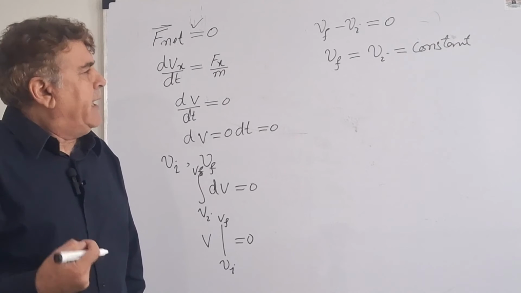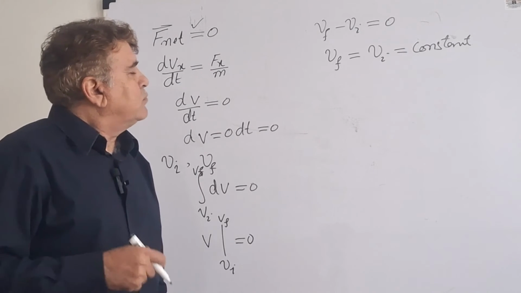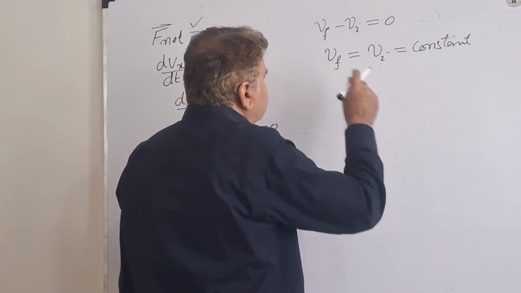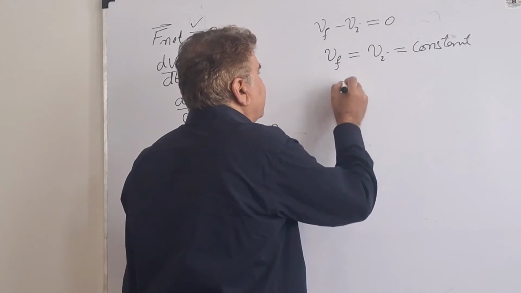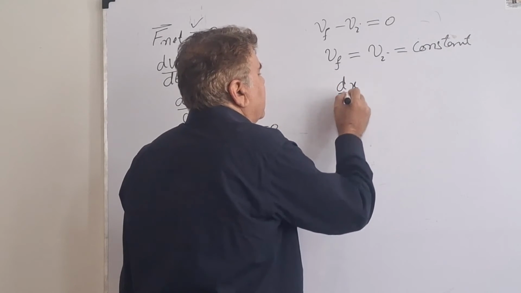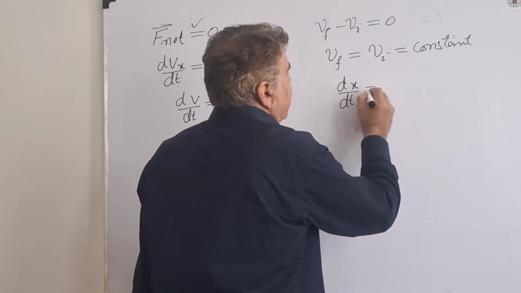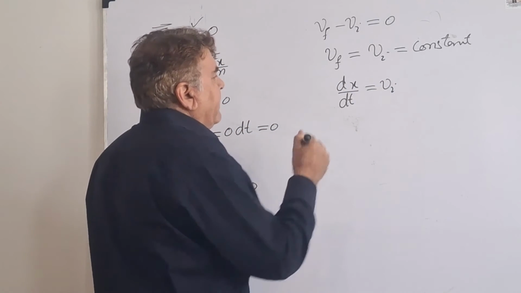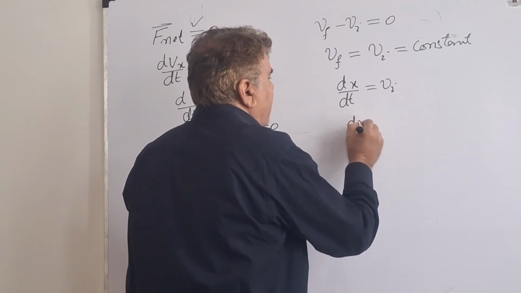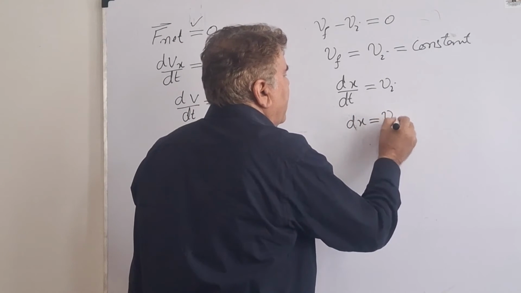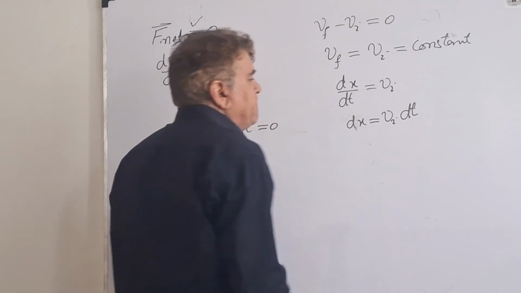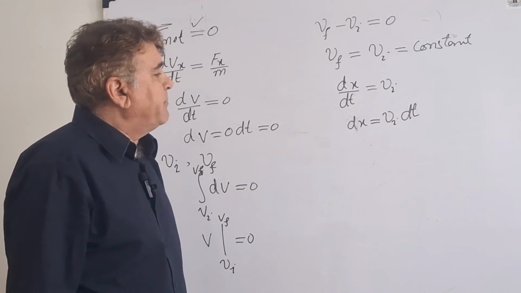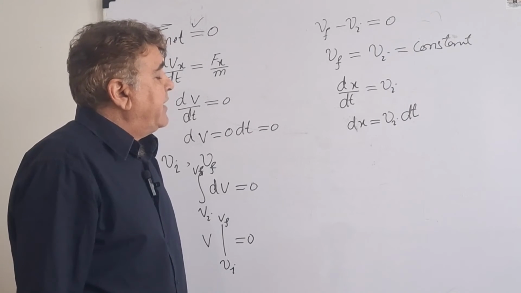Now, I can play with this equation a little more to find the trajectory of the particle. Since we know that the velocity at any time can be written as the derivative of position with respect to time, I write this as dx over dt equals Vi. Or I can arrange this equation into the form dx equals Vi times dt. Again, if we know the initial and final positions of the particle, then I can integrate this equation.